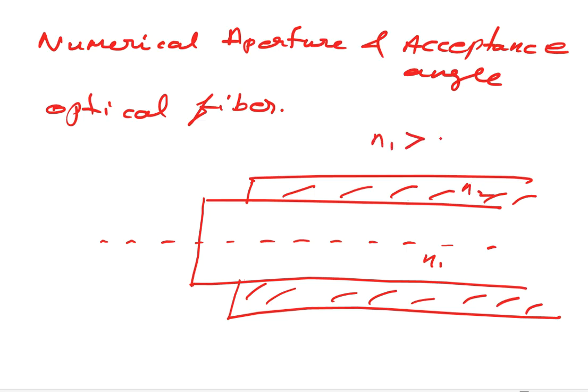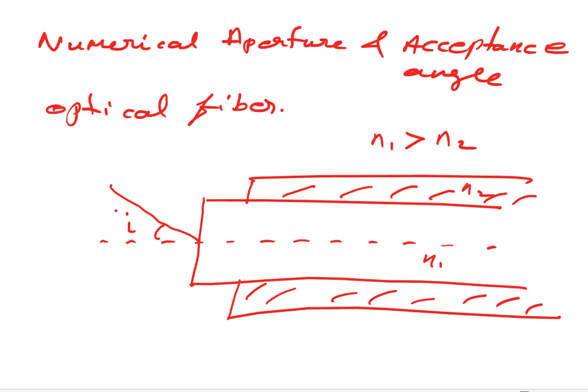N1 should be greater than N2, that is, the core should be denser than the cladding. Now, what will happen when a light enters an optical fiber? Just consider a light ray is incident on an optical fiber with an angle of incidence i.